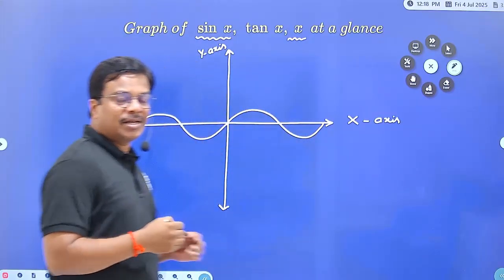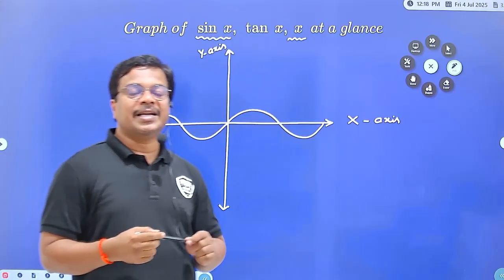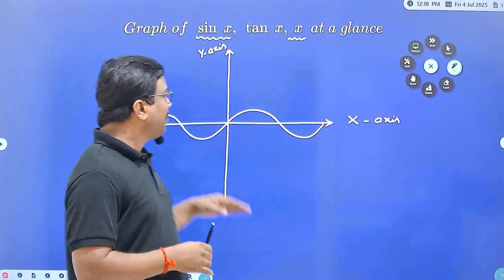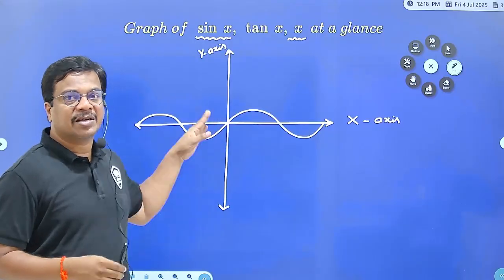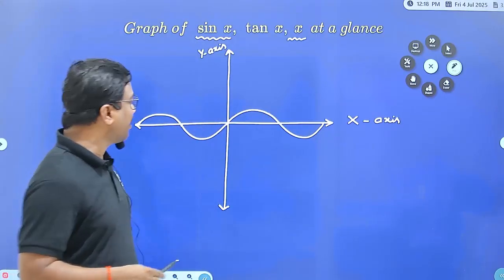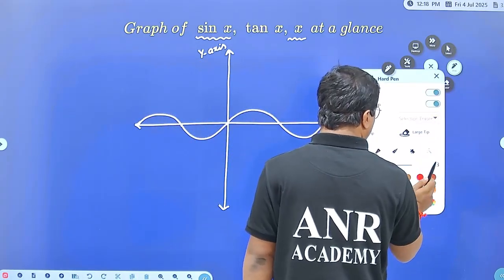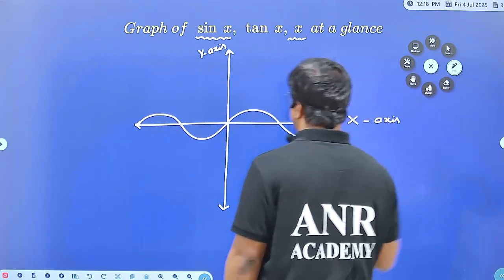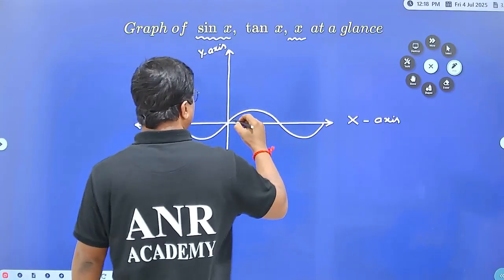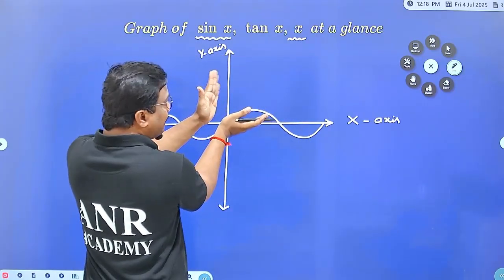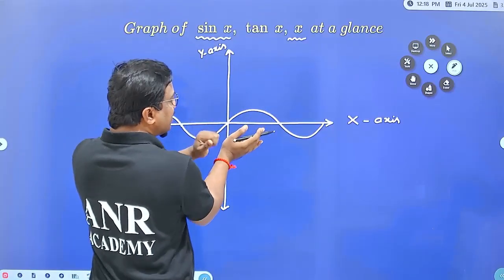We know that y equal to x is a straight line which passes through the origin, and that makes an angle of 45 degrees with the positive direction of the x-axis in the counterclockwise sense. The angle made by y equal to x with the x-axis is 45 degrees.